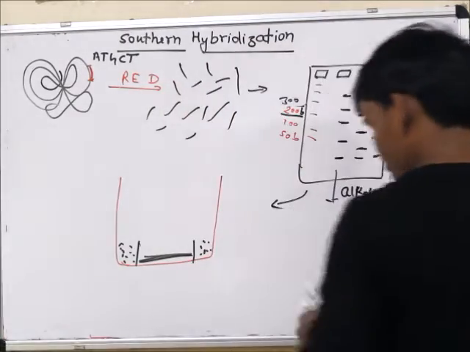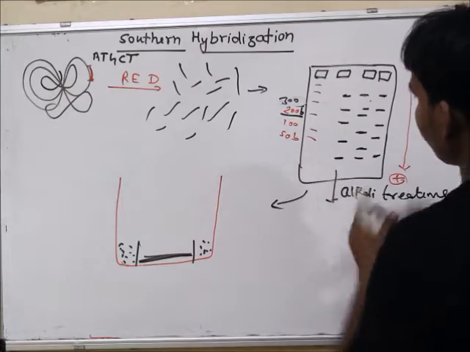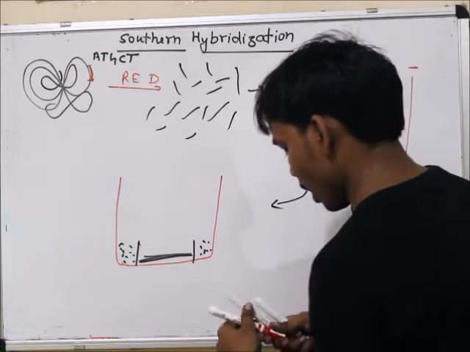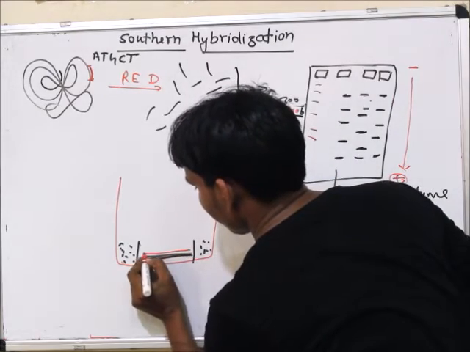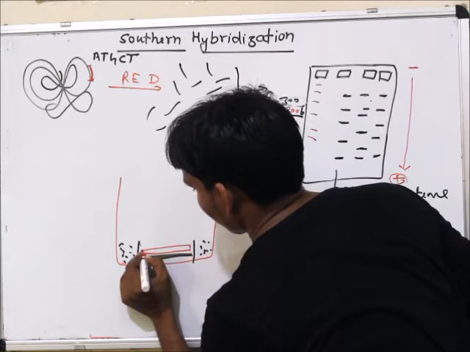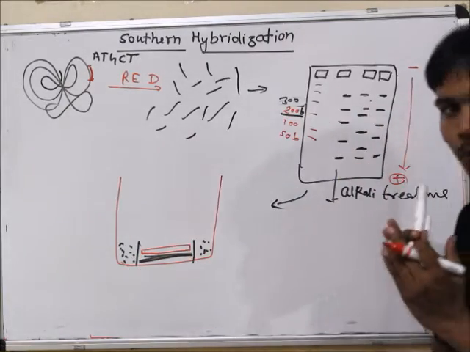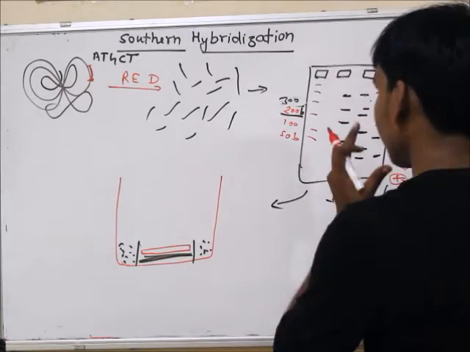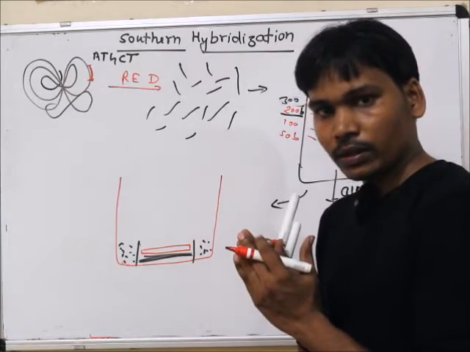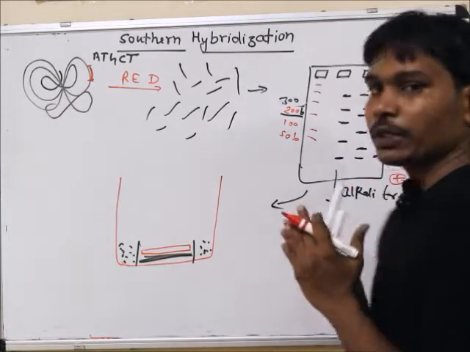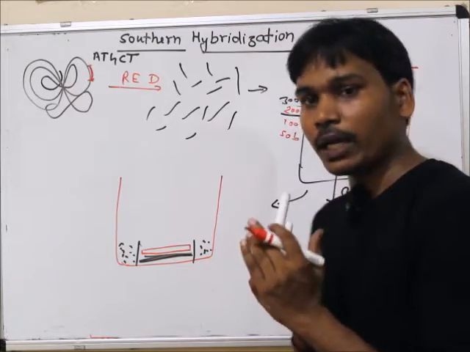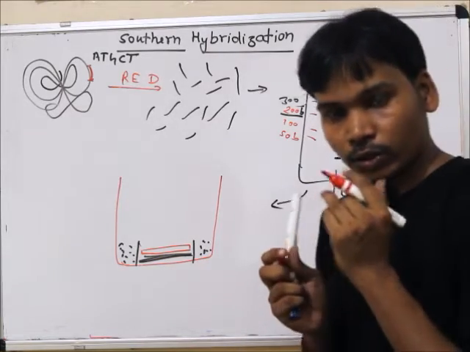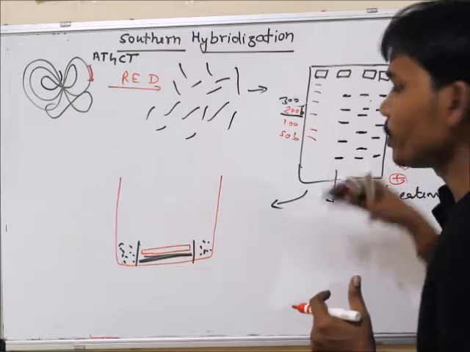After that, this gel is put up, and the filter paper is put above it. You know that in the agarose gel there is cross-linking and there are pores, and the concentration of the agarose determines the pore size. The more concentrated the agarose gel, the smaller the pore size, and the lower the concentration, the higher the pore size.